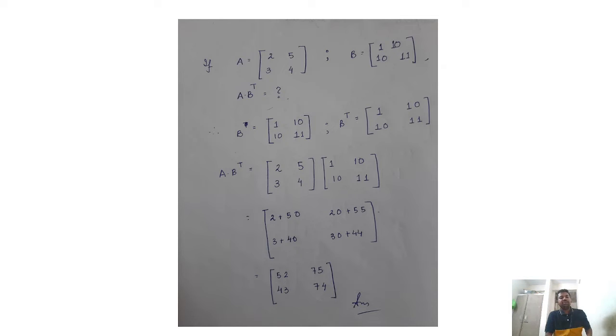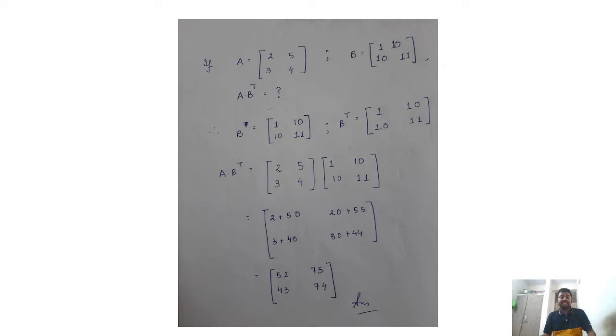I think everyone is familiar, but if anyone doesn't remember, we can have a brief revision again. You multiply the first element of A into the first element of B. So 2 into 1, which is 2, plus multiply the second element of A by 10.